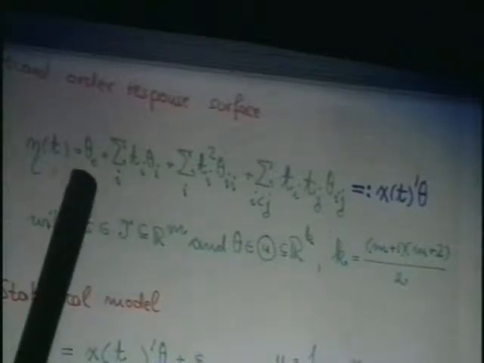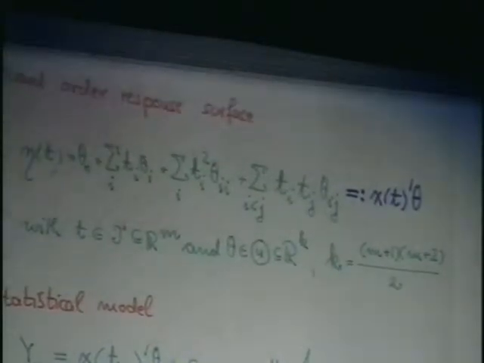We can assemble all the terms that come with a T. Here's a 1, there's a Ti, the linear ones, the square ones, the mixed products, into a big vector which I shall call x of t, and which is the regression vector. That's a big thing where the T is blown up according to the powers that we incorporate into the model.